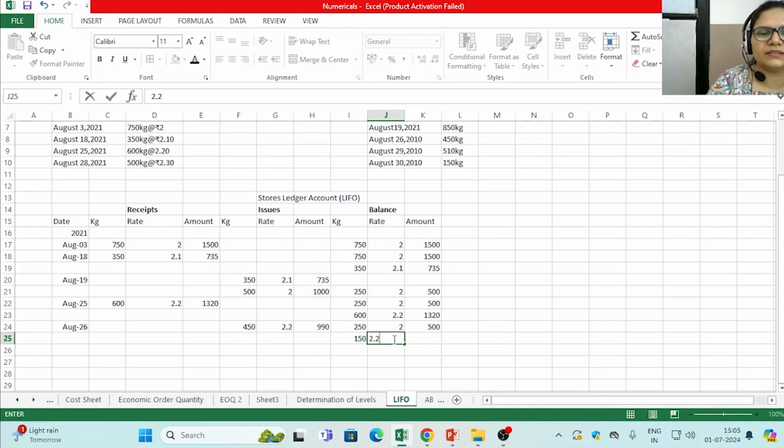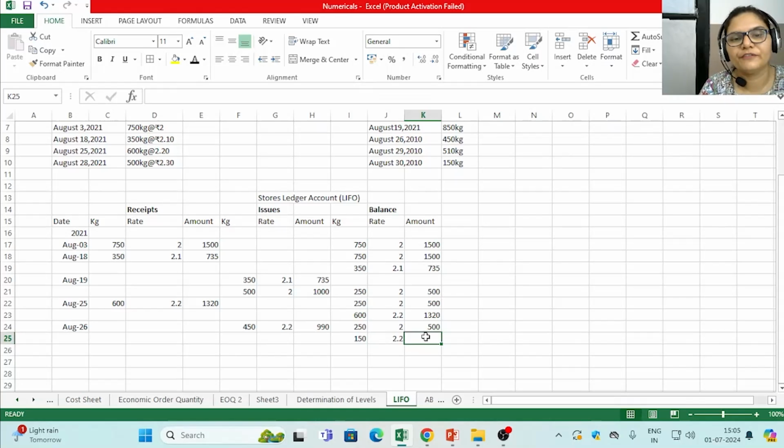Remaining balance is of quantity 150 kg at the rate of rupees 2.2, which will give you amount 330. 150 into 2.2 will give you 330. August 26 transaction is closed now.